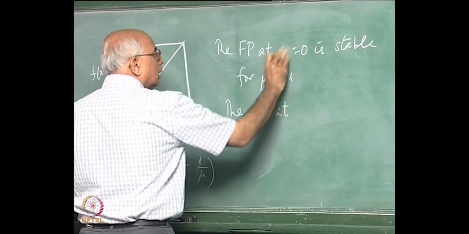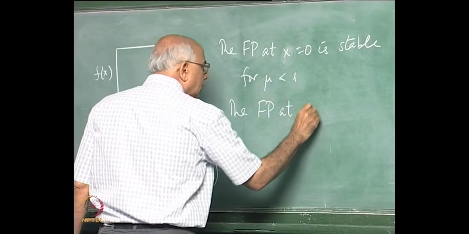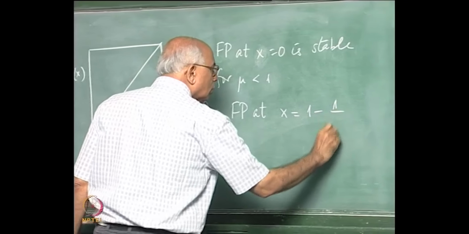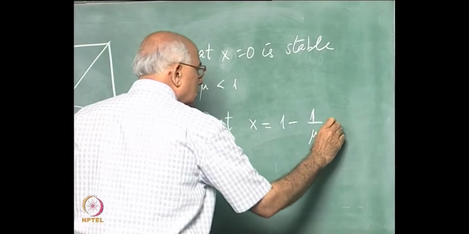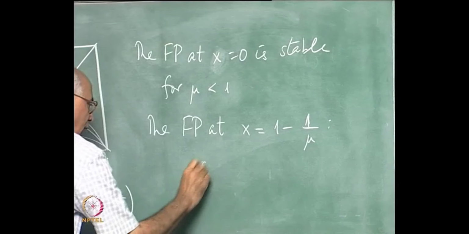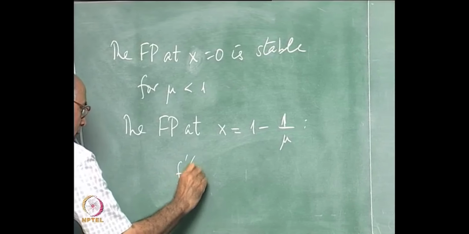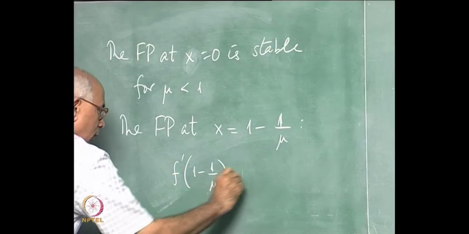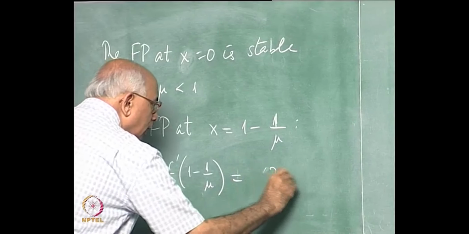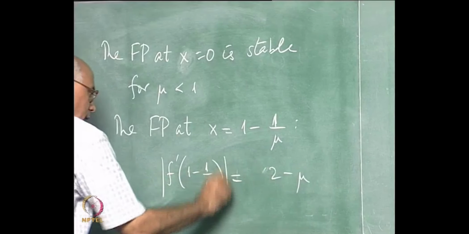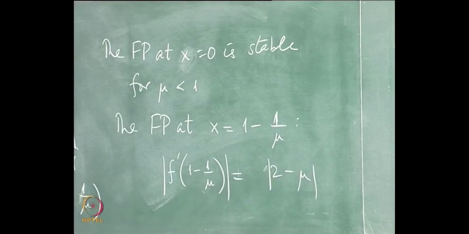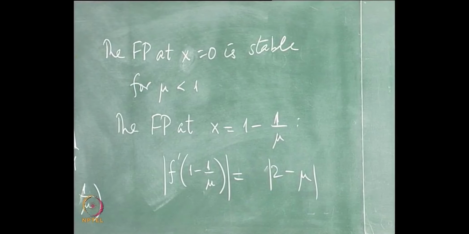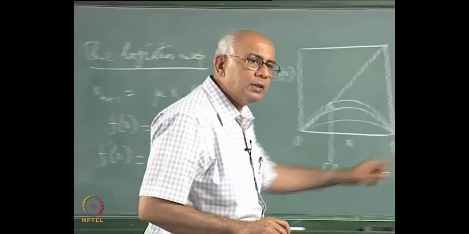the fixed point at x equal to 0 at x equal to 1 minus 1 over mu, f prime at this point 1 minus 1 over mu is equal to 2 minus mu. So the mod of this is this guy. So where is this thing stable?